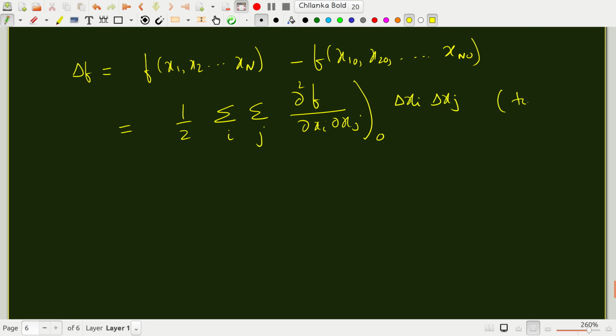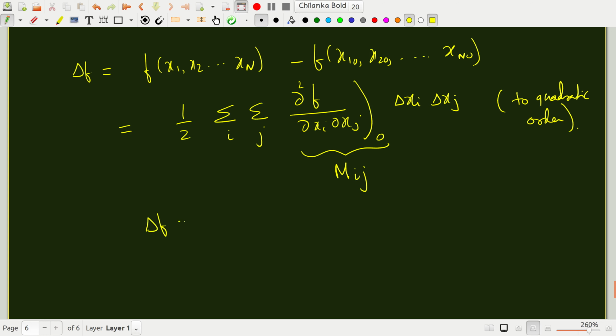This is to quadratic order, that is, you Taylor expand only up to the second order. Higher order terms are neglected here. Now this is like a matrix, because this is an array of so many rows and columns. This can be thought of as a matrix M_ij. We'll come to this in detail as we go along and discuss linear algebra.